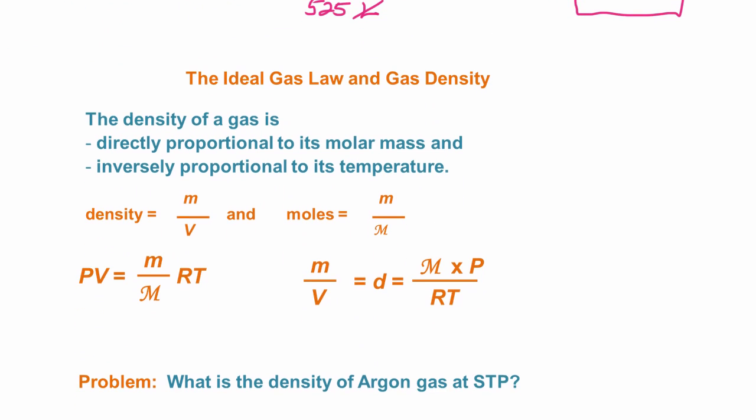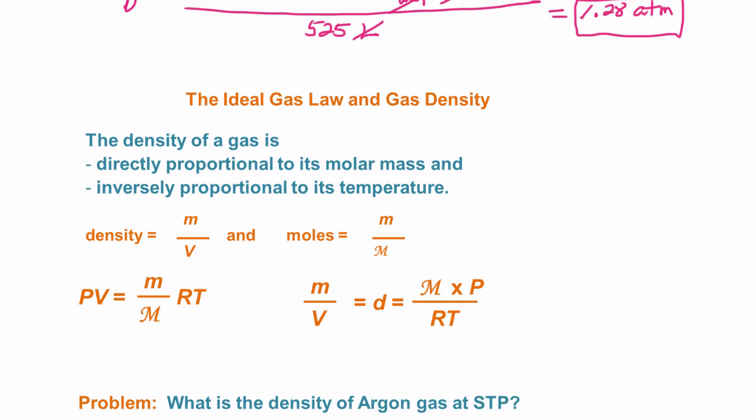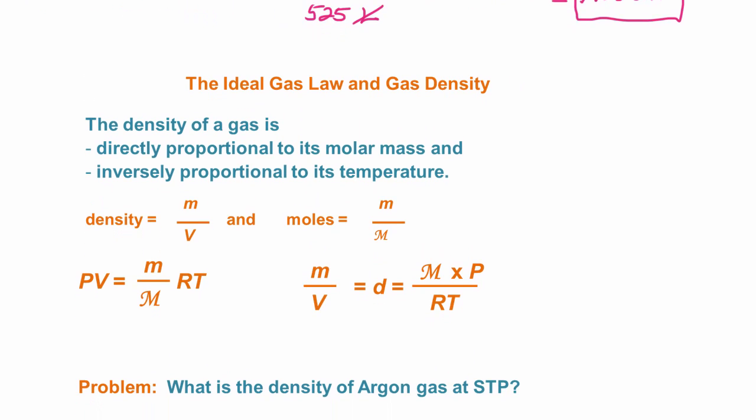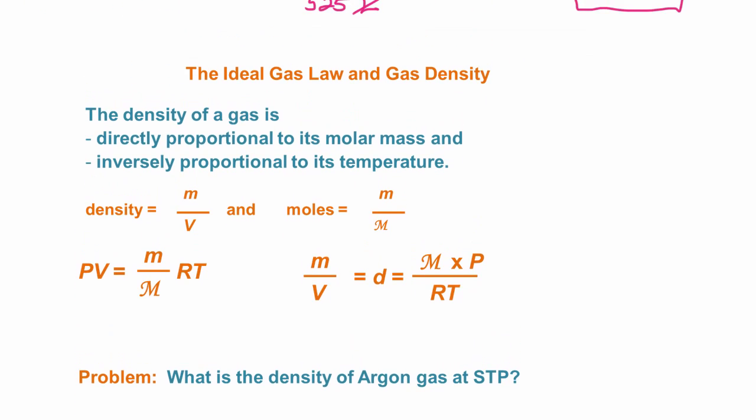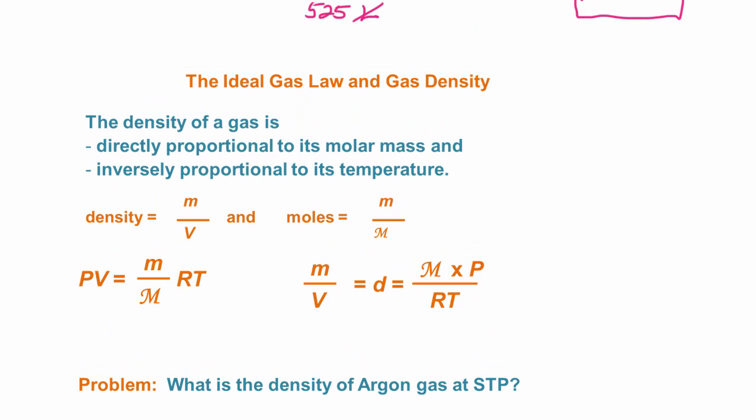So now we're going to talk about rearrangement of the ideal gas law, because in the lab we can use the ideal gas law in order to determine both density of a substance and the molar mass of maybe an unknown substance. It turns out that the density of a gas is directly proportional to its molar mass and inversely proportional to its temperature.